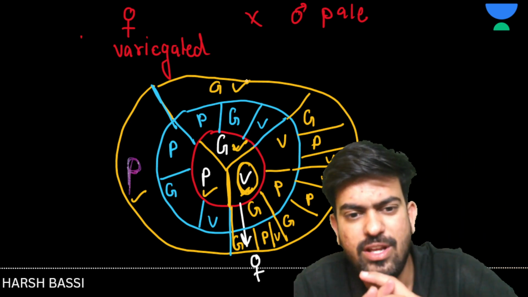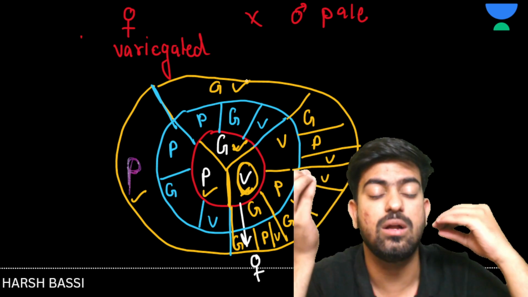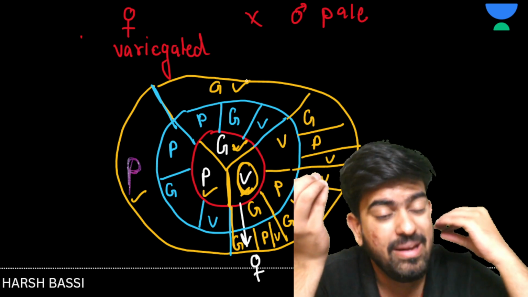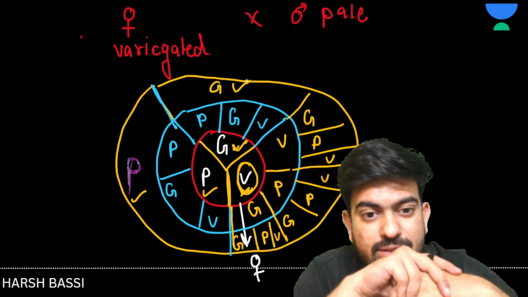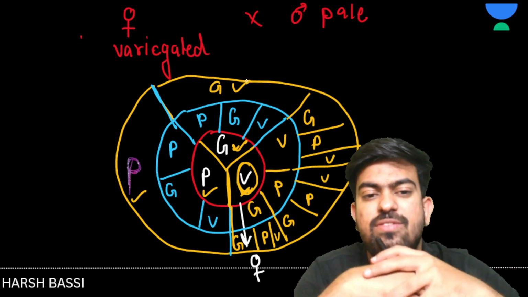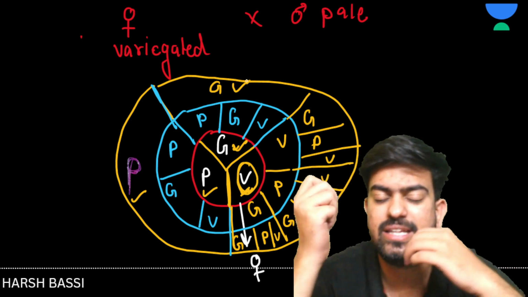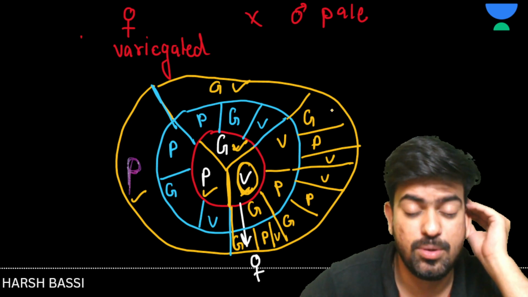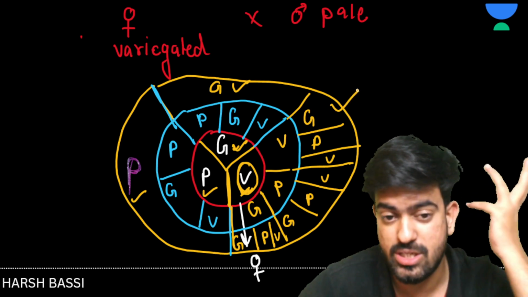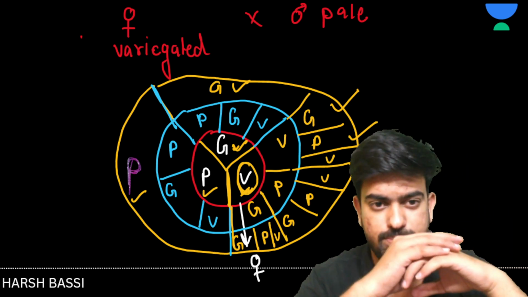Okay, so in this way you can remember the condition. If the female is pale and the male is pale, then what color is going to be there? If the female is green and the male is pale, the progeny will have green color, yes or no? Right? If the female is variegated, then the progeny can be green, pale, or variegated.